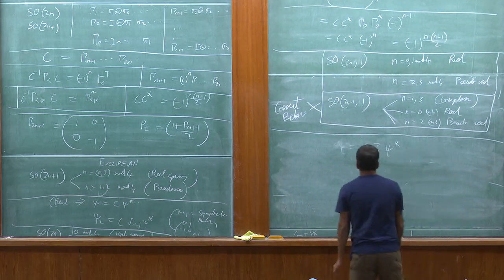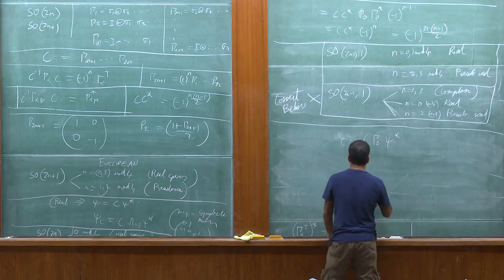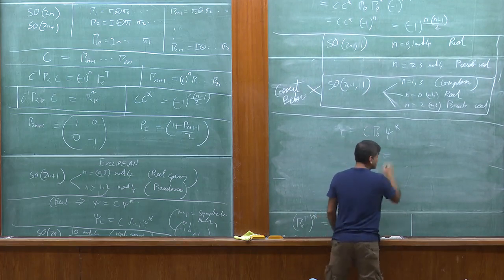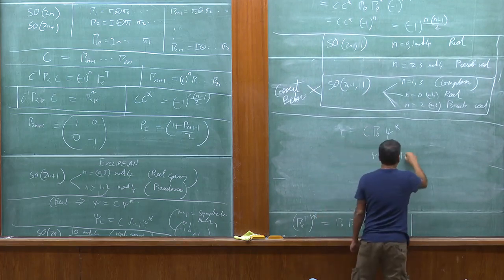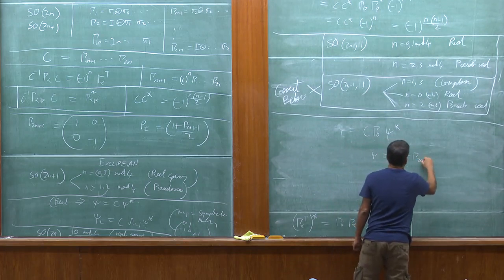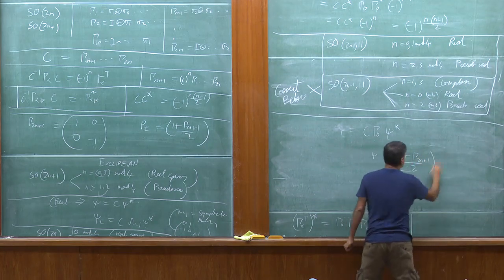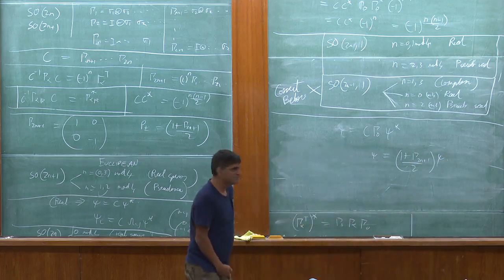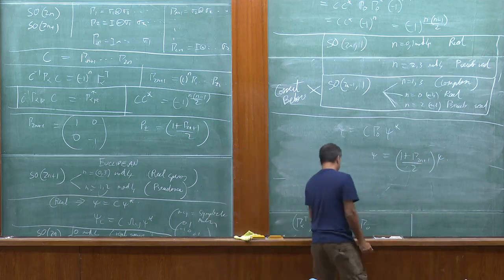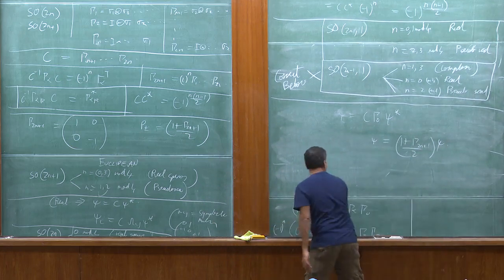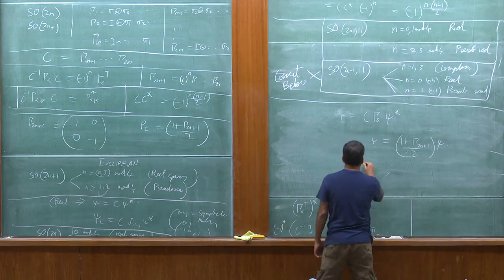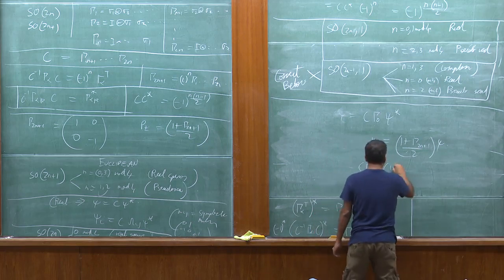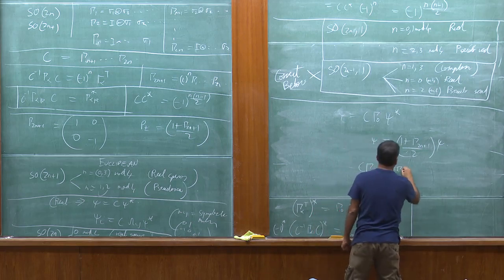So we know that psi, because it's chiral, is equal to (1 plus gamma 2n plus 1) divided by 2 on psi. We know this, so we will put this in. We will say C gamma 0 times (1 plus gamma 2n plus 1).